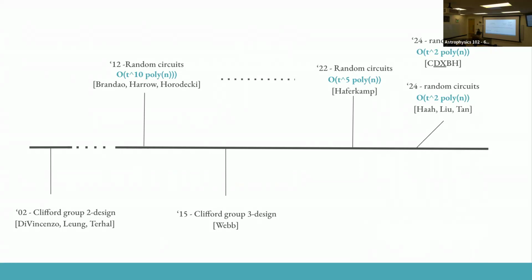Our construction is not of random circuits, but theirs is, and Jordan might be getting into our construction shortly. This is an improvement upon the previous scalings, and it's very interesting also because these two papers use very different techniques and analyze very different systems, and nevertheless we come to the same t squared, which is great.